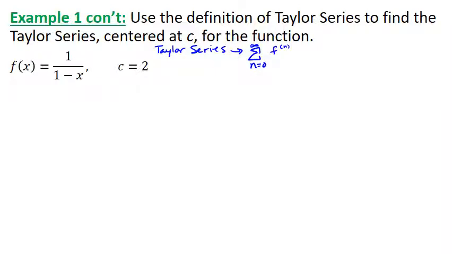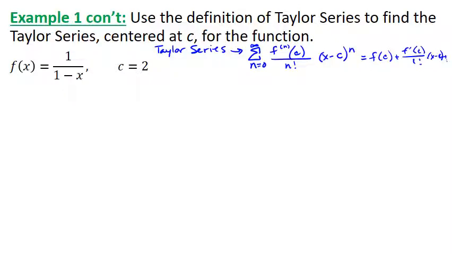This is a derivative at c divided by n factorial times x minus c to the nth power. And if we plug in some values, then this ends up being f of c plus f prime of c over 1 factorial times x minus c to the first, so on and so forth.